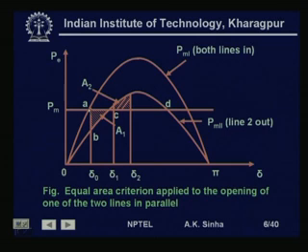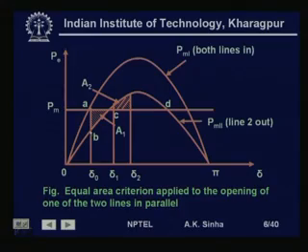Now, suddenly when one of the lines, that is the line with reactance x 2, is tripped, the operating point will shift from this point to this point B, because the power angle characteristics change; the electrical power output is going to change, because the transfer reactance is now different.